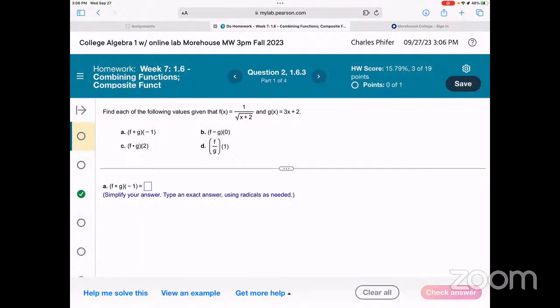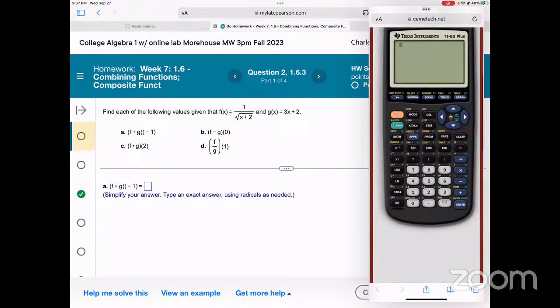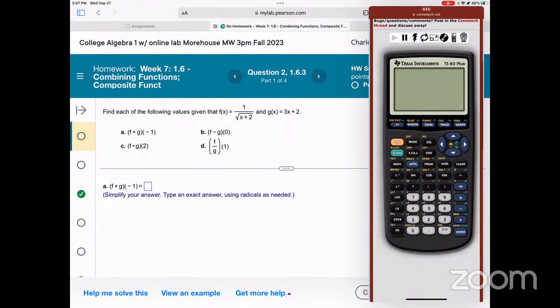Find each of the following values given that this is our f and our g. Okay. I'm tempted to do this in my calculator, but we might be able to do them quickly without the calculator. So, okay, this means f of -1 plus g of -1. I think I'm gonna use my calculator actually. It's not too difficult, but I don't feel like trying to keep all that in my mind. So I'm just gonna use this. My f is 1 over the square root of x plus 2.